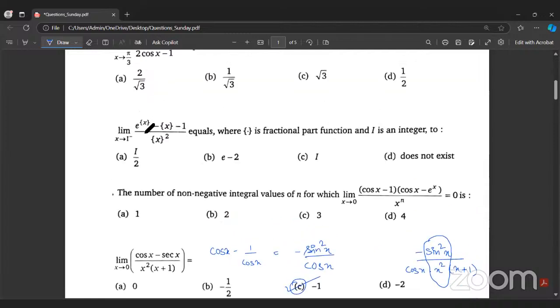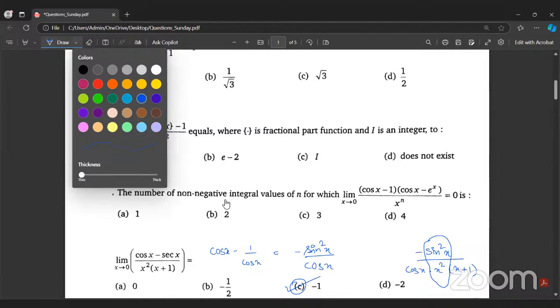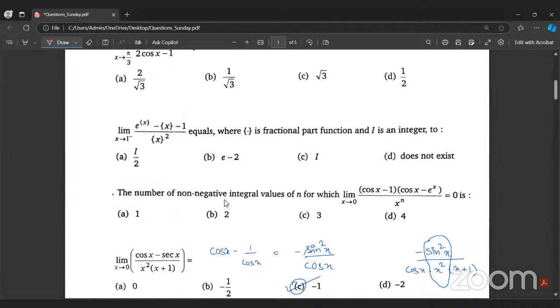Okay. Were you able to do this one, e raised to fractional part of x minus this square? Were you able to do this, everyone? Yes, sir. It will be 1 by 2? Like, 1 by 2 is not in the options. This is i, right? Okay, so you treated i as 1. So you think the answer is 1 by 2? Do you get the right answers after you submit the test?